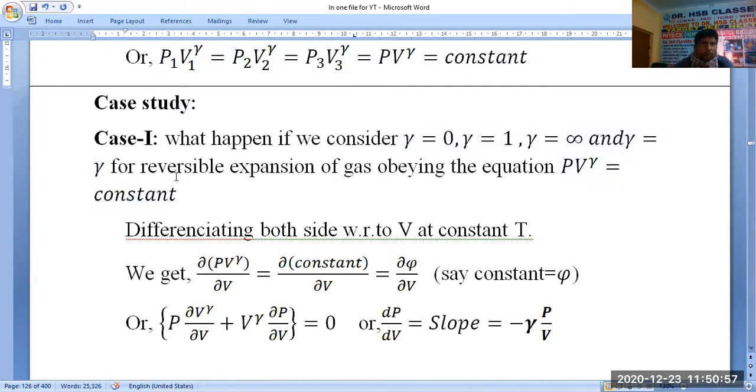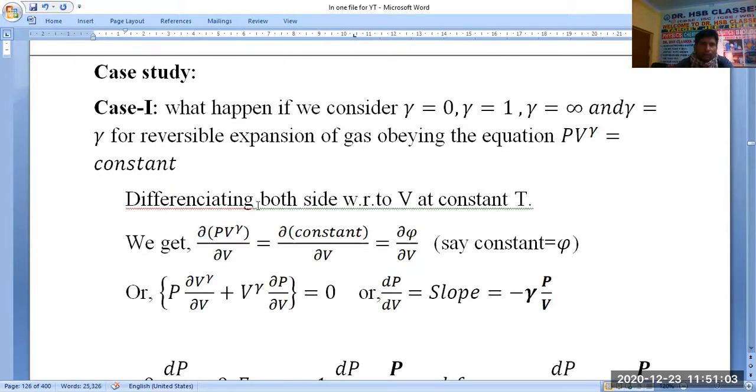Now, for reversible expansion, we have PV to the power gamma equal to constant. Differentiating both sides with respect to V, if this is constant, then it will be 0.